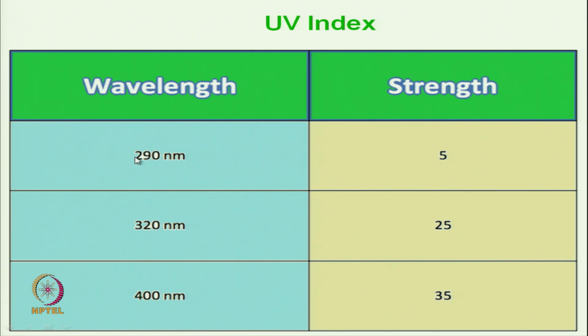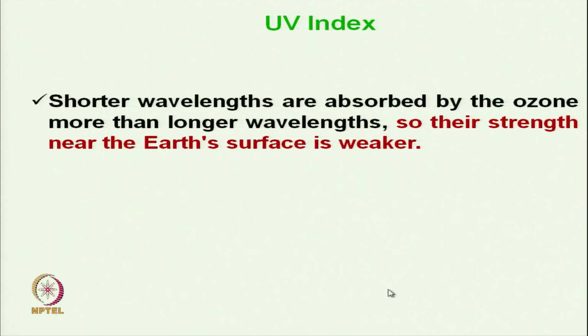That is why their strength is arbitrarily given lower, whereas longer wavelengths reach the earth surface maximally, so their strength is given higher. So, this strength is based on the absorption of these UV rays by the ozone layer.